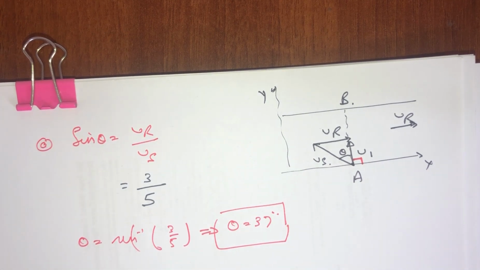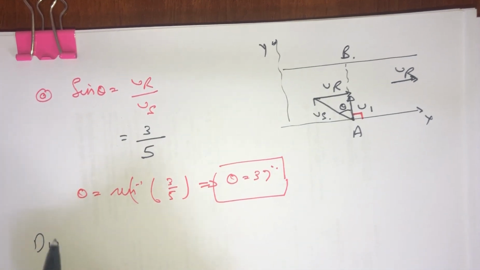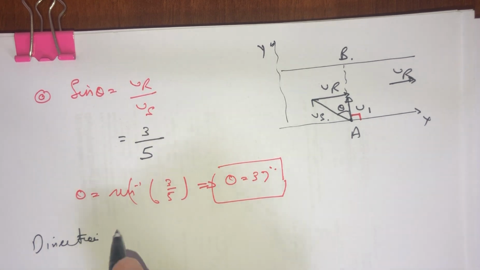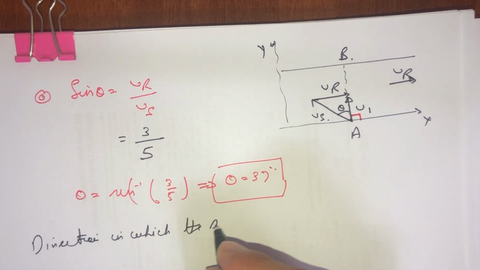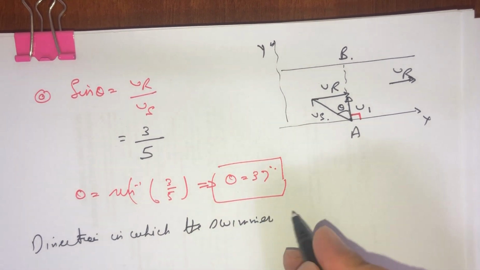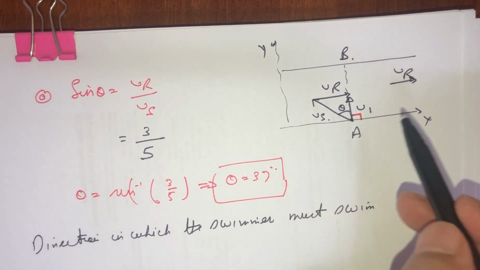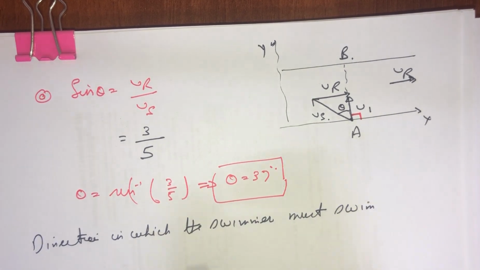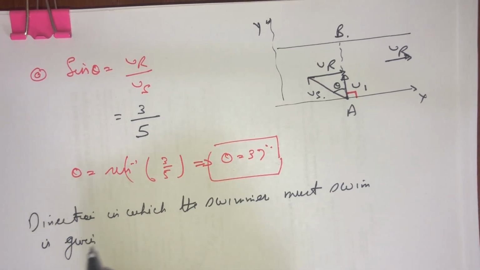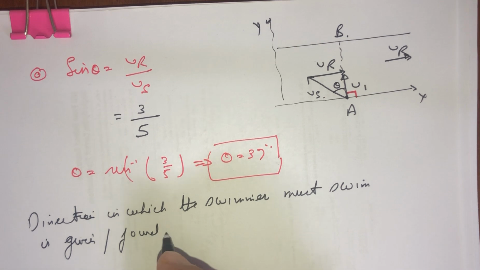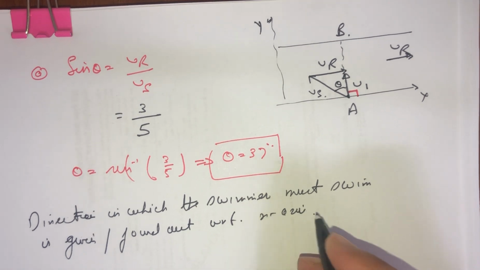Now it is asked along which direction must he swim. The direction in which the swimmer must swim is given with respect to the x-axis.